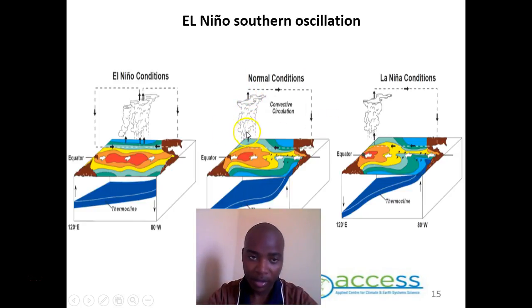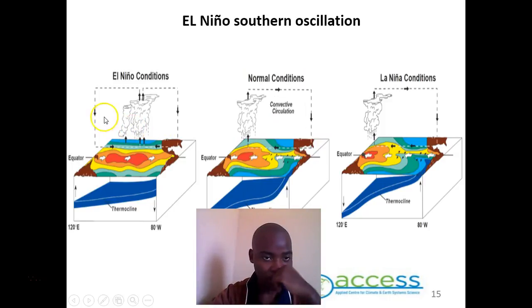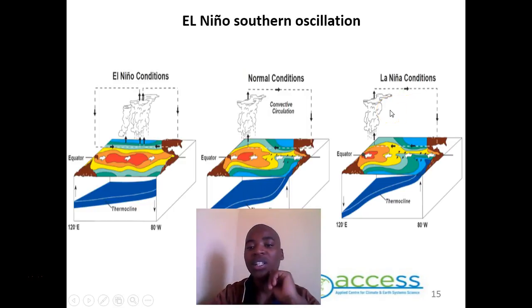During El Nino the rain will just occur in the oceans. Then there is also what we call La Nina, whereby there will be more rain on the land. That is the difference between El Nino and La Nina.